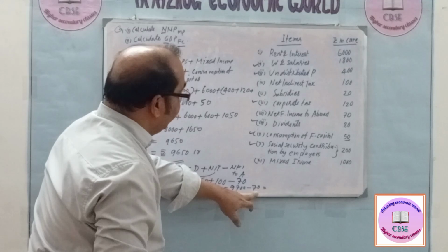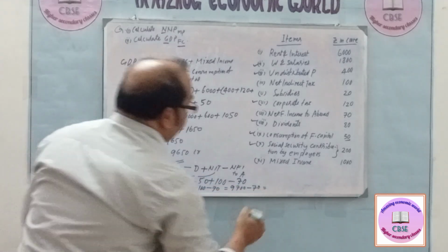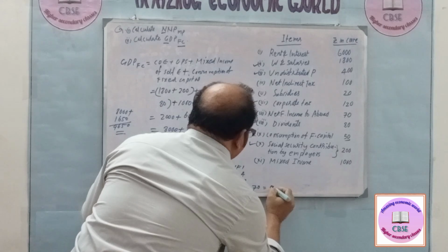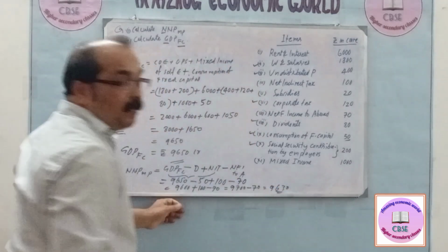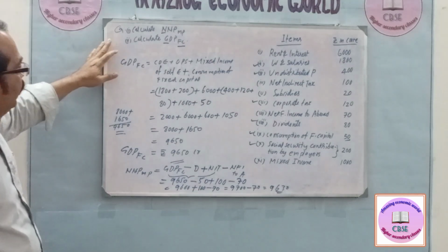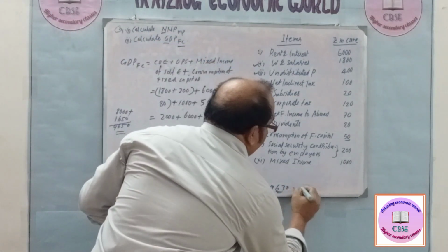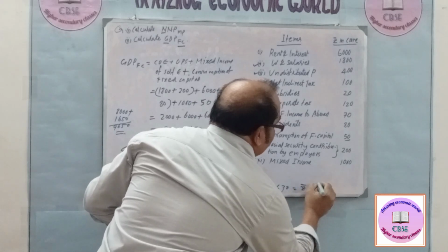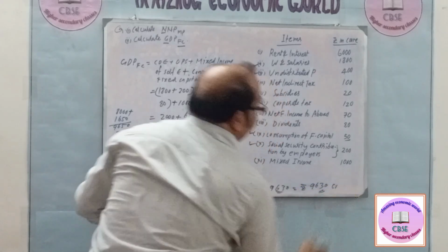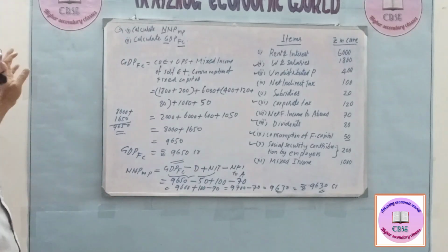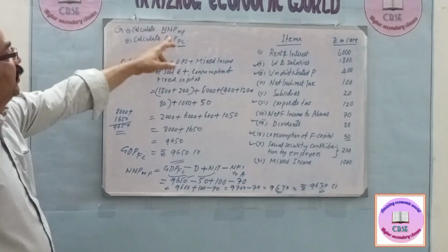How much do we get if we deduct 70 from 9,700? 9,630. So the value of net national product at market price is rupees 9,630 crore. Don't forget to put crore here. This answer, 9,630, is the value of net national product at market price.